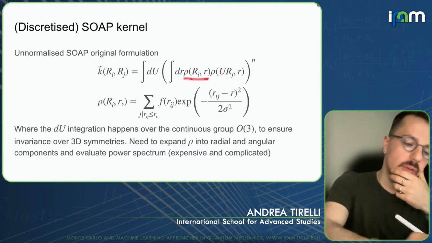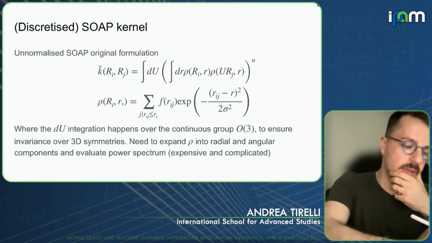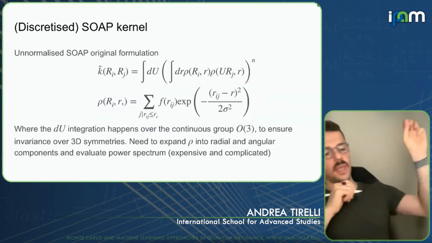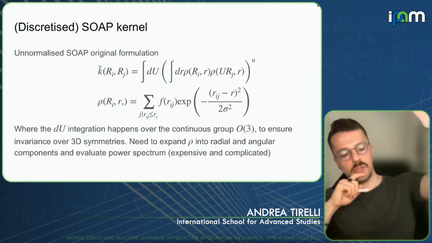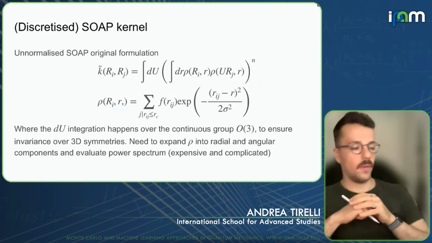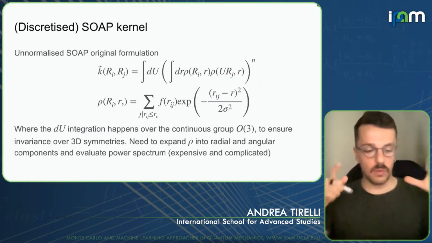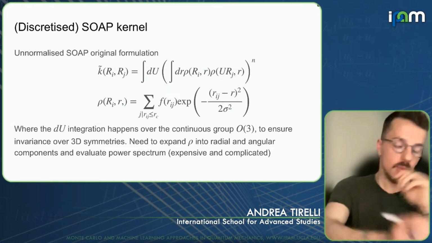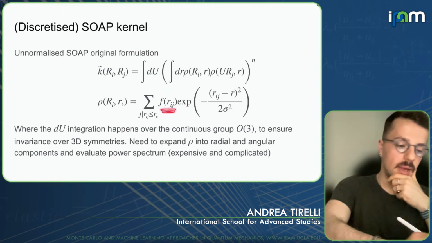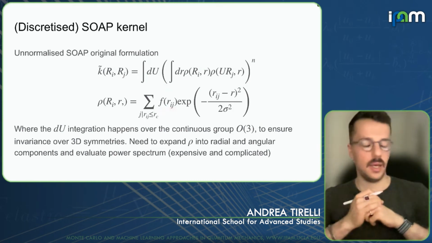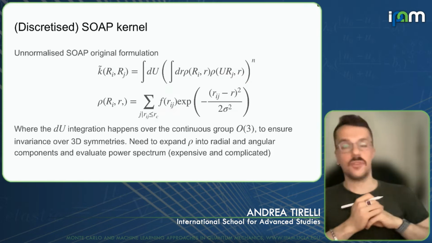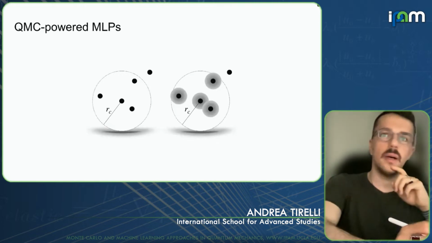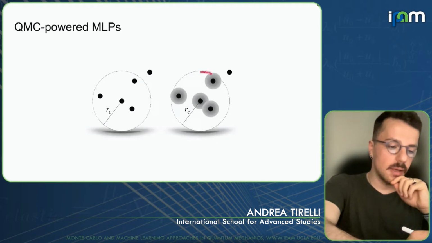So we integrate these two densities, and each of them is defined by this formula. The idea is that we put a Gaussian term at each of the atoms that we see in our local environment, and we sum all those Gaussians weighted by a cutoff function, which basically realizes these constraints.